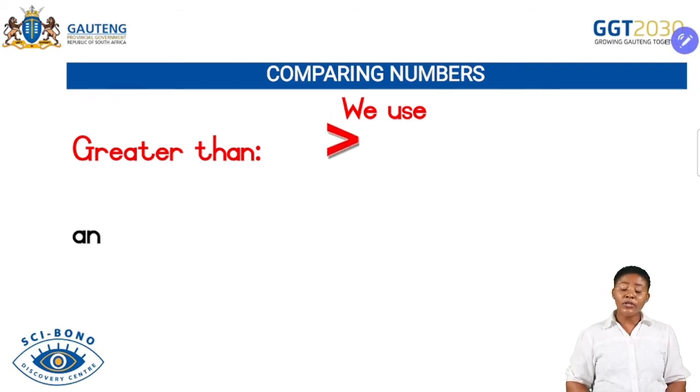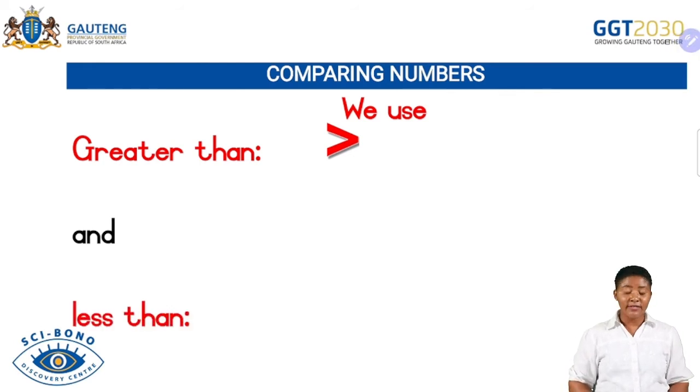What else do we use? We use less than. This is the sign for less than. We use those signs when we are comparing our numbers.